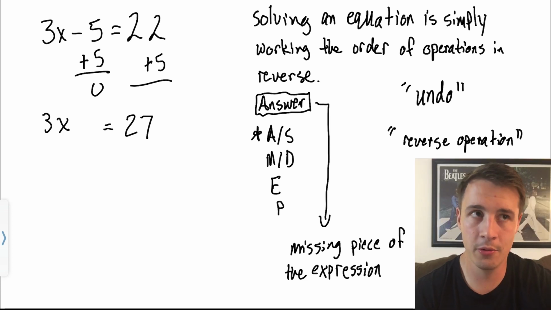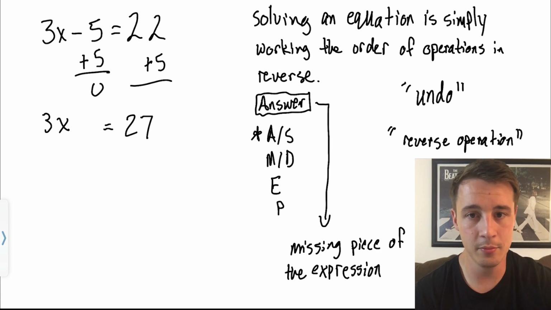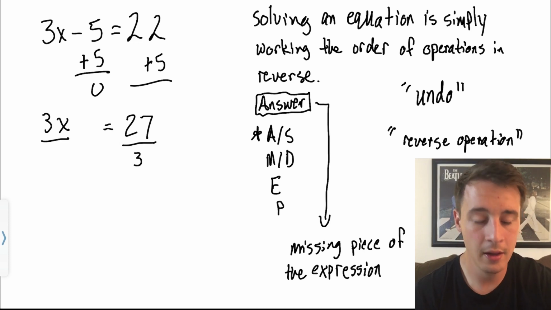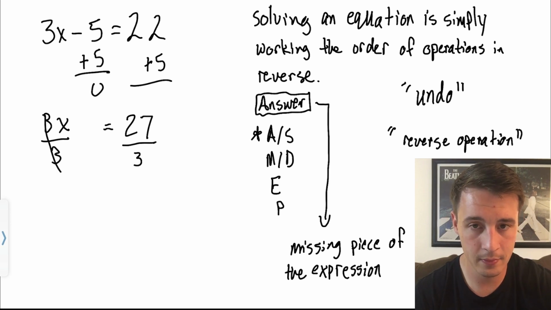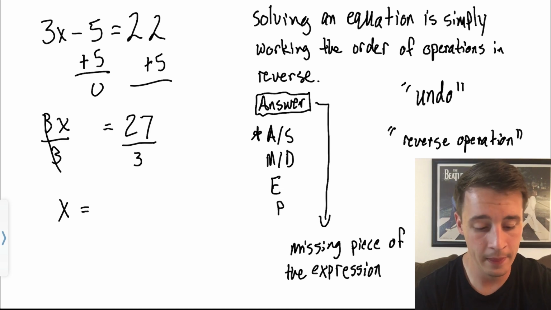Now we're looking at 3 times what number will give me 27. Again, we can simply do the reverse operation of multiplying by 3. So the opposite of multiplying by 3 is dividing by 3. I can divide 27 by 3, and again, I need to do the same thing to 3 times x, which you notice 3 divided by 3 is just 1, so I'm left with just simply my variable.